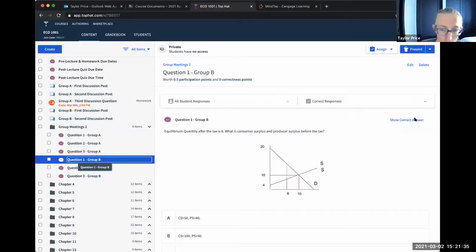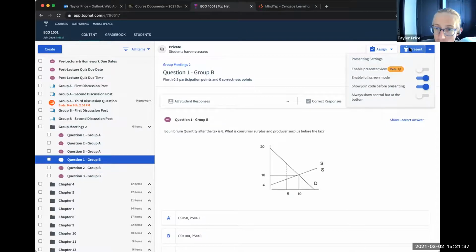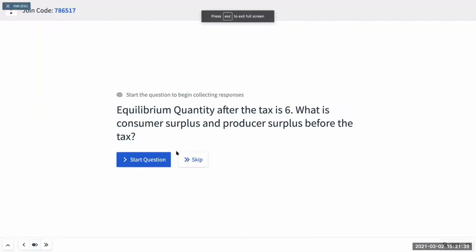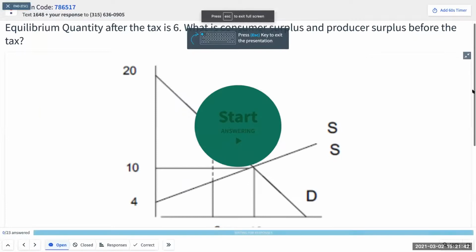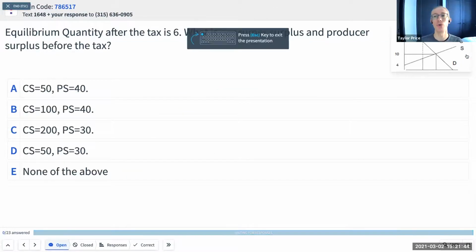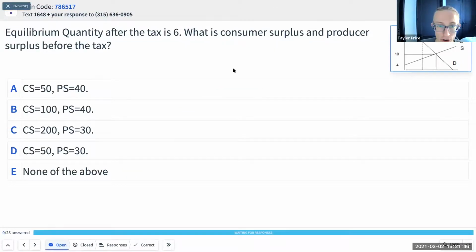Okay, so let me stop sharing and let's take a look at the top hat question. Okay, so this example, and let me drag it out, is basically asking, so what is consumer and producer surplus before the tax is implemented?